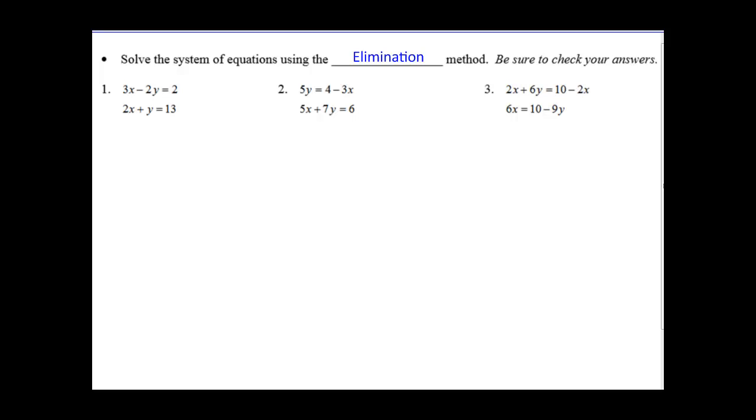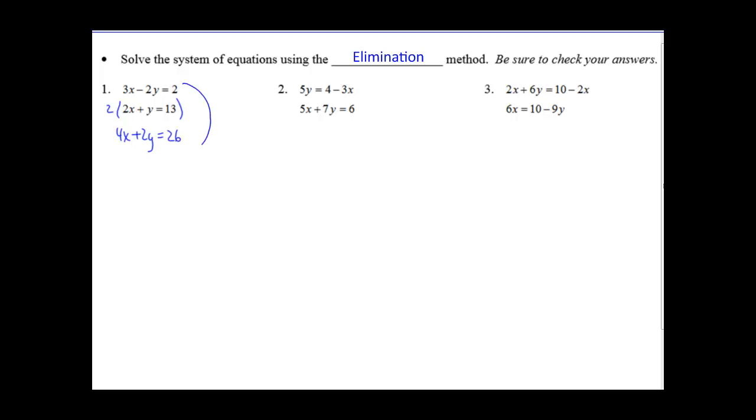So number 1. Since they are both on the same side, I have to look at the x coefficients, the 3 and the 2, or the negative 2 and 1 on the y, and figure out what's easier to eliminate. So for instance, if I take the bottom equation and multiply by positive 2, since the y on the top is already negative 2, you're going to get 4x plus 2y equals 26.